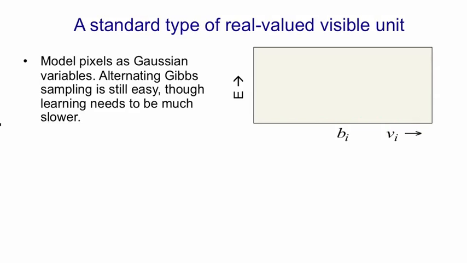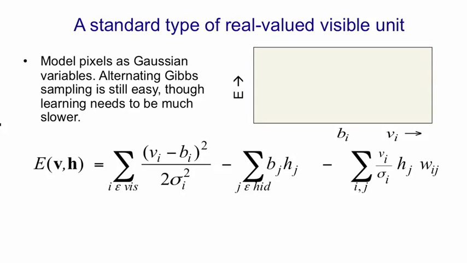We can still use alternating Gibbs sampling to run the Markov chain required for contrastive divergence learning, but we need to use a much smaller learning rate, otherwise it will tend to blow up. The equation looks like this. The first term on the right-hand side is a kind of parabolic containment function that stops things blowing up.